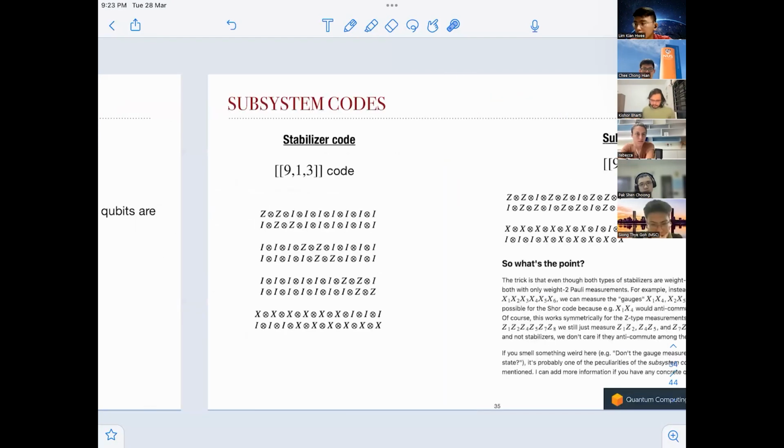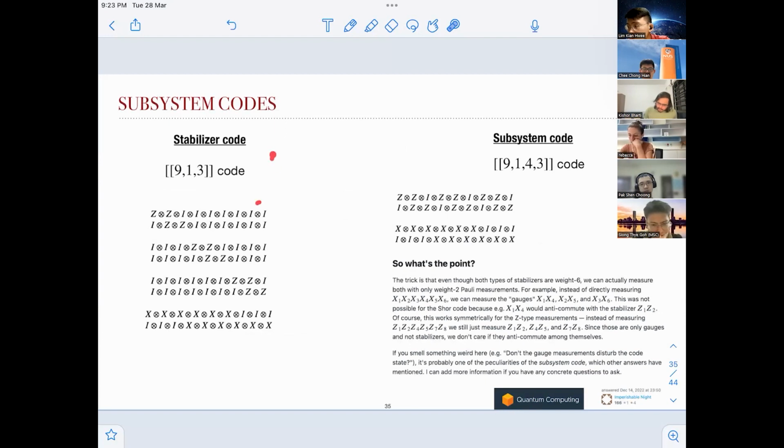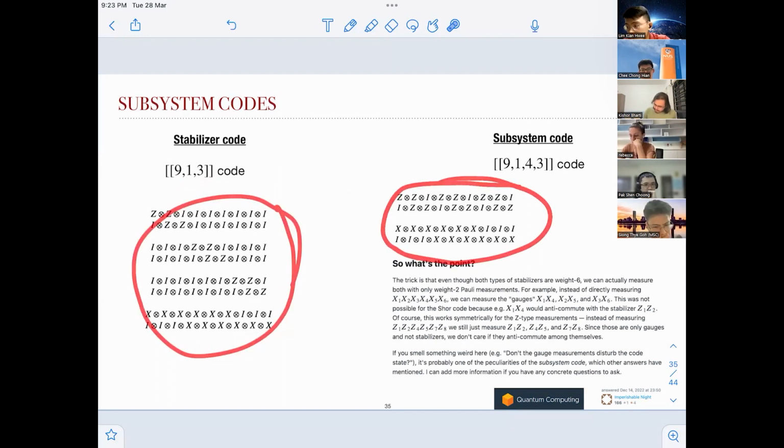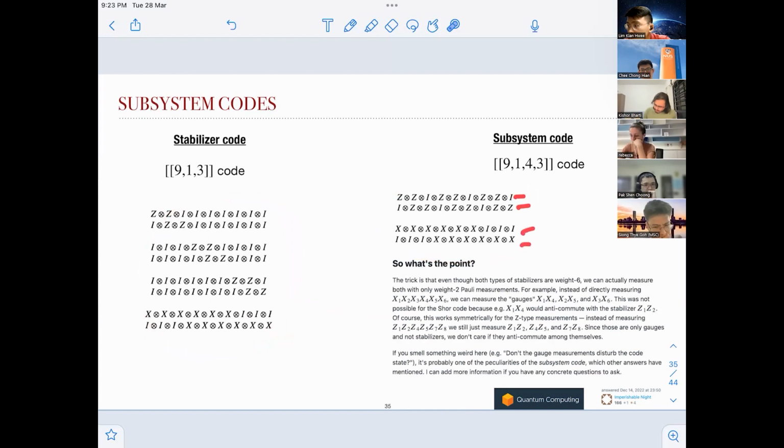So the stabilizer code is the [[9,1,3]] code here, but in the subsystem code, what you can do is combine all these stabilizers into a small number of stabilizers. Like you have 1, 2, 3, 4. So now you have all weight 6 stabilizers here.